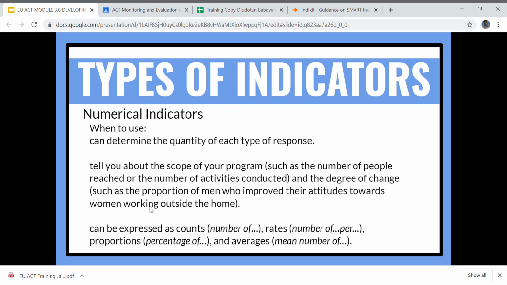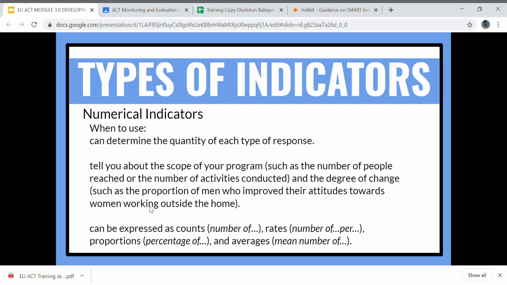So what are the types of indicators that we can have? There are two types of indicators: numerical indicators and non-numerical indicators. Numerical indicators are used when you're dealing with the quantity of a type of response. This allows you to know the scope of your program, the number of participants, the number of a particular group within your workshop.